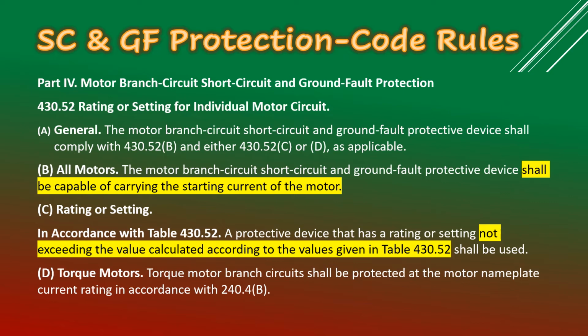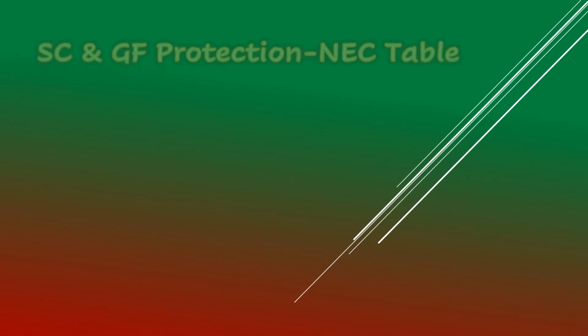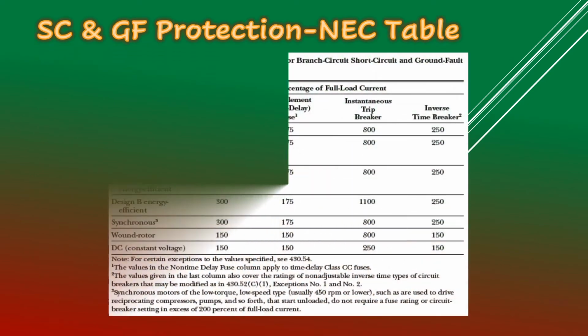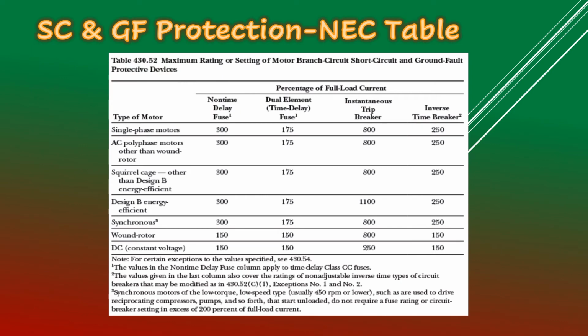And if you want to read for torque motors, it is also mentioned. Now this is Table 430.52, maximum rating or setting of motor branch circuit, short circuit, and ground fault protective devices.